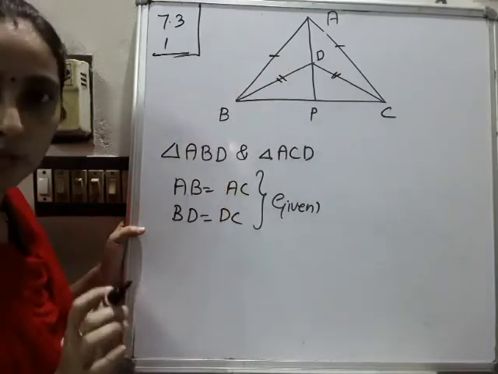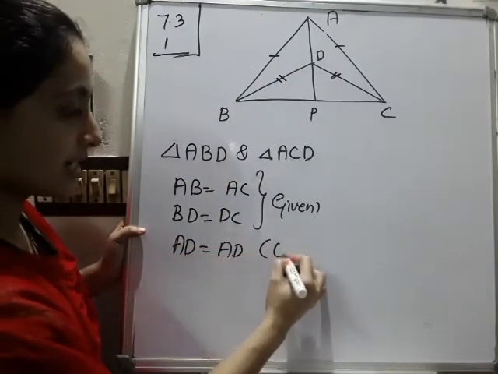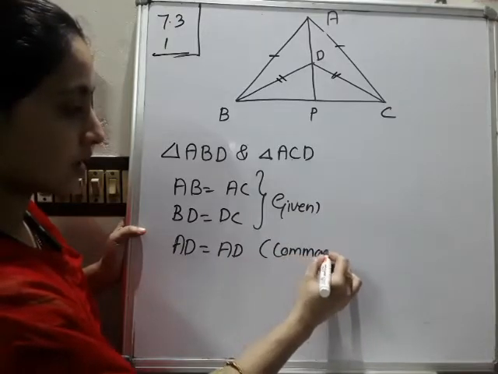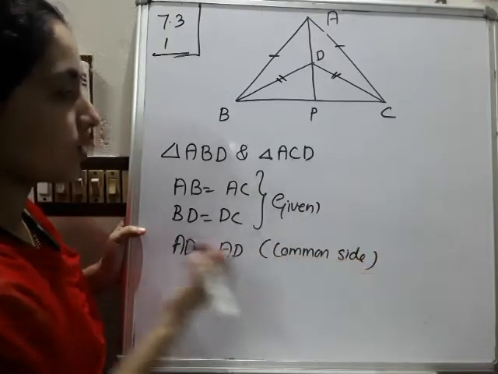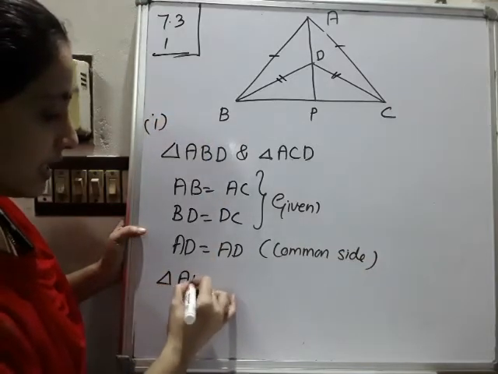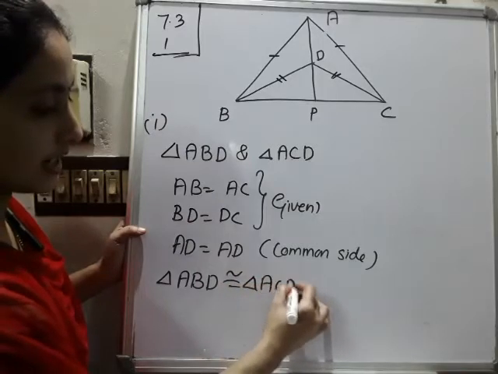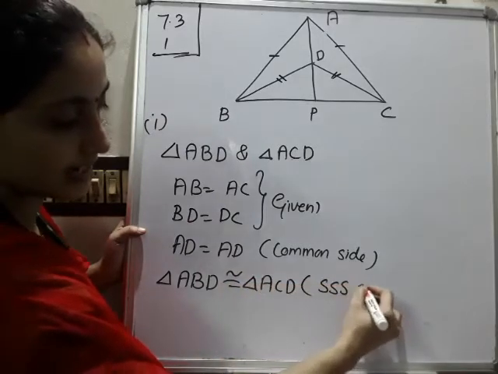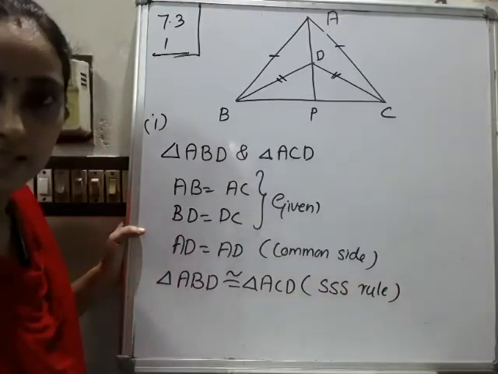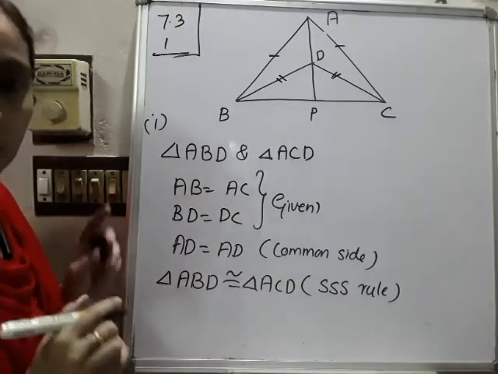Then AD is common to both, so we can write AD is equal to AD, common side. So we can write triangle ABD congruent to triangle ACD. What is the reason? Yes, SSS rule. So hope you are clear on this first thing you have to prove.